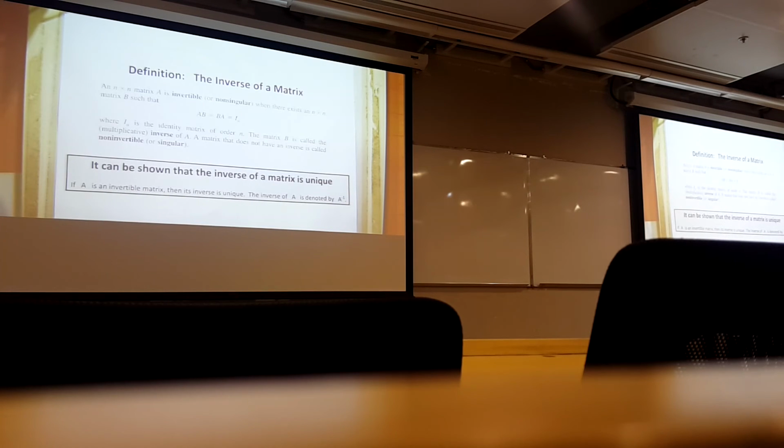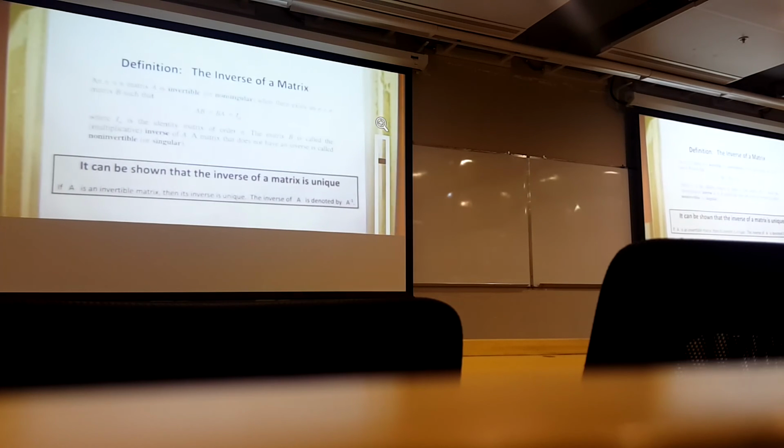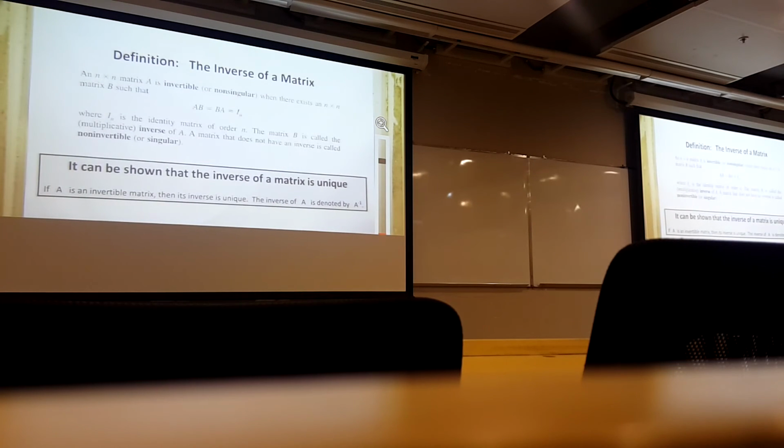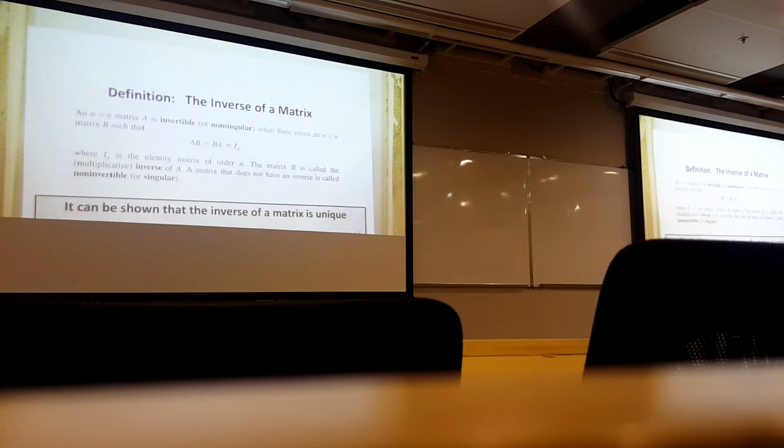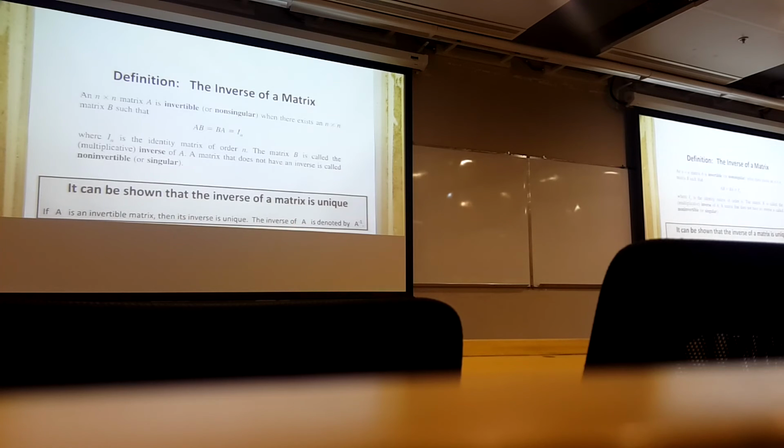Okay, now, what is inverse? When we are talking about inverse, it is multiplicative inverse. Multiplicative inverse means the inverse applies to multiplication. Inverse means you are given a matrix. The inverse of it is such that when you multiply them together, it will produce the identity matrix.